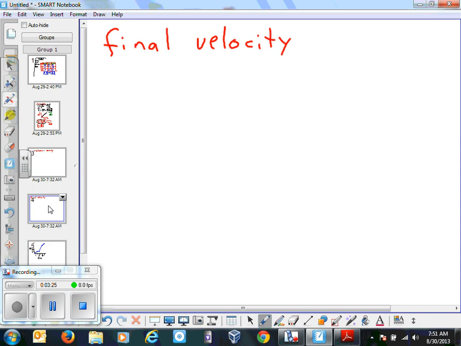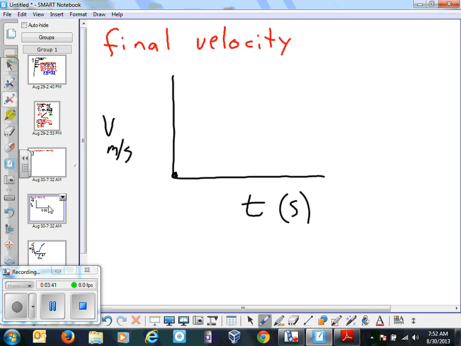So if we have a velocity-time graph in meters per second over seconds, and we do have a constant acceleration, let's say that we hit 10 meters per second, and it takes, let's say, 10 seconds to do that. Then the graph would bring us over to this point here.